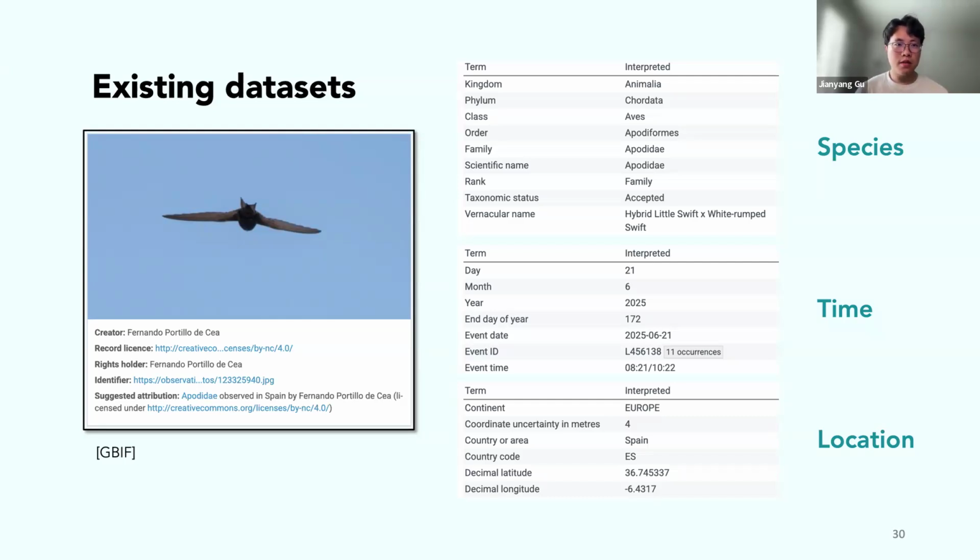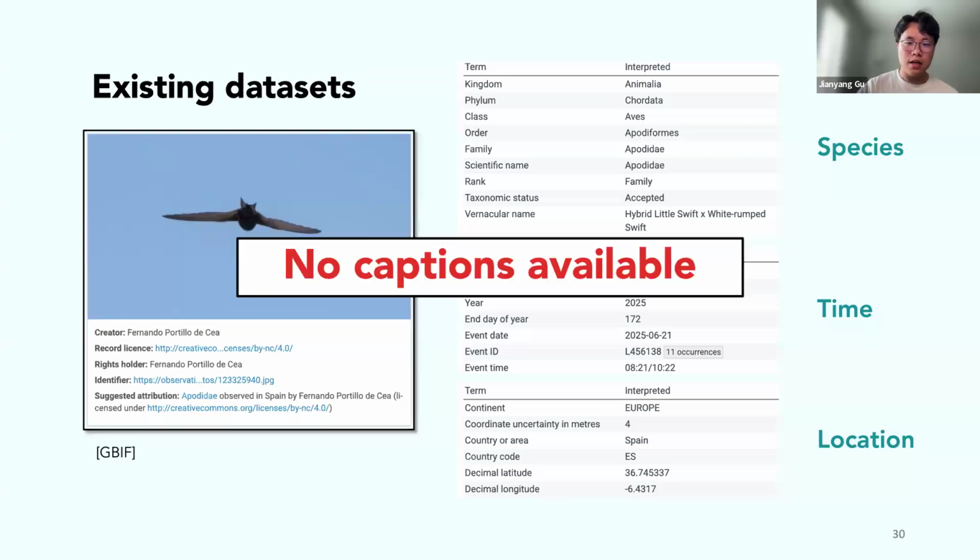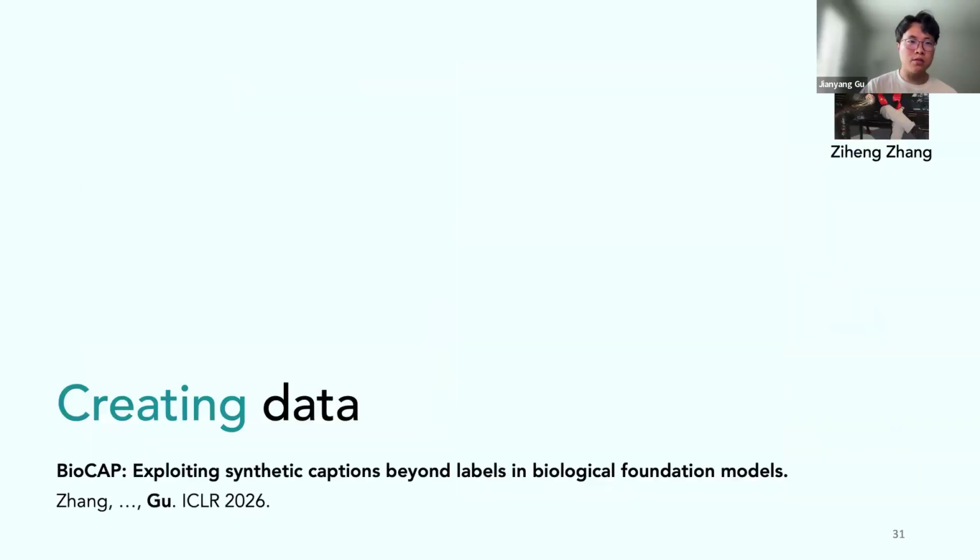We need experts. So generating all the captions by humans is impossible. In this sense, I'm going to introduce the next work led by my student Ziheng. This work has been published in this year's ICLR, where we create these descriptive captions for different images.